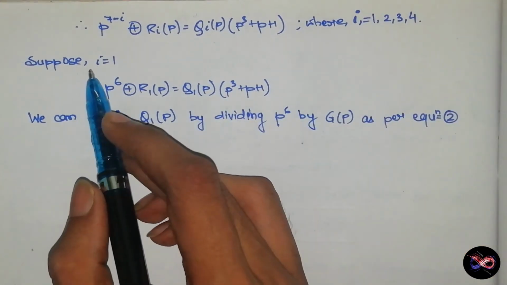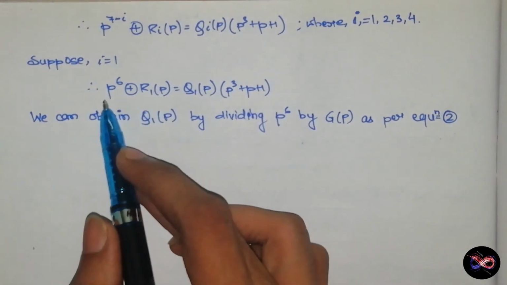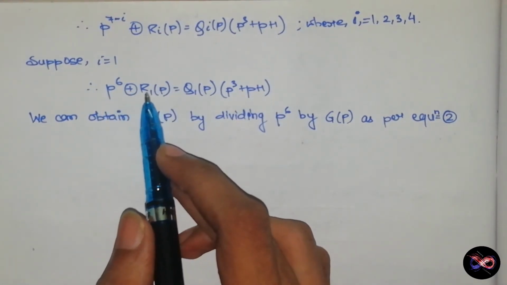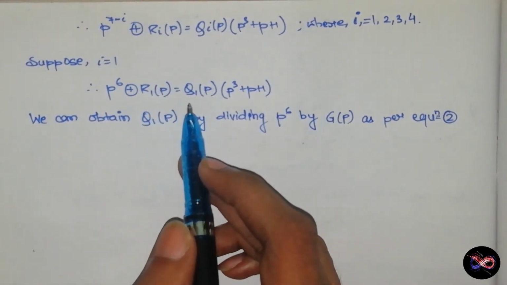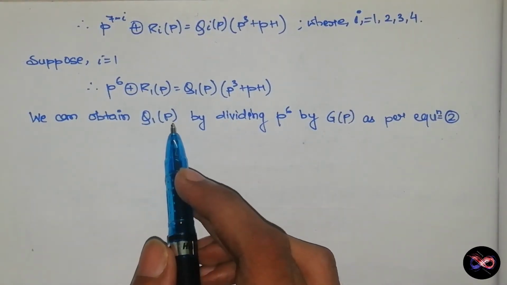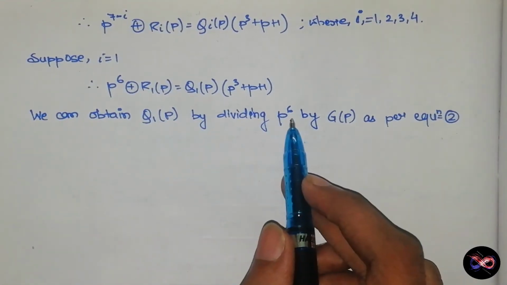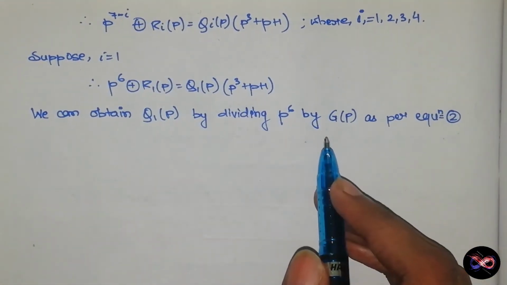So at first we are supposing i is equal to 1. So this equation simplifies as p to the power 6 XOR r_1(p) is equal to q_1(p) into p^3 plus p plus 1. So we can obtain q_1(p), the quotient term, simply by dividing p to the power 6 by G(p) as per the previous equation number 2.